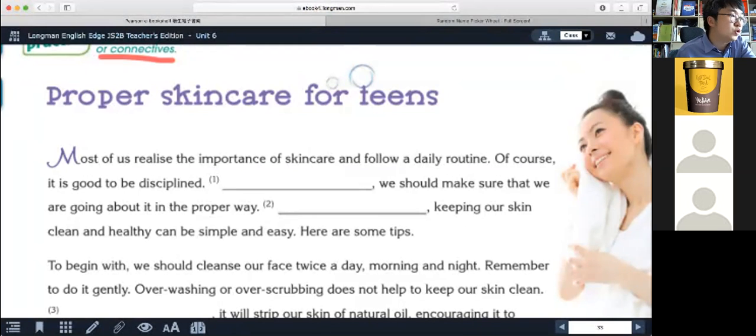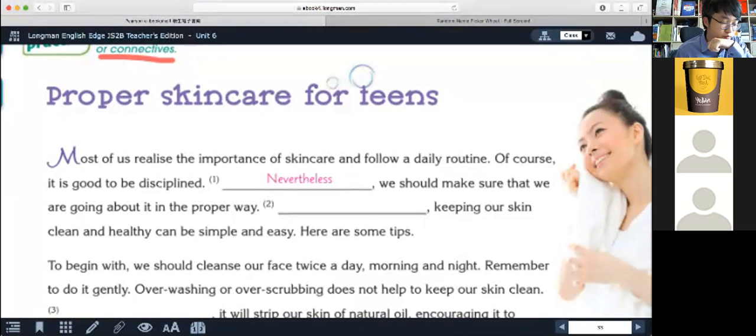However, we should make sure that we are going about it in the proper way. Pay attention: the meaning of the first part and the second part is different. You are contrasting the difference, so you cannot say likewise. You have to say nevertheless or on the contrary. Make sure you understand the difference between likewise and nevertheless.